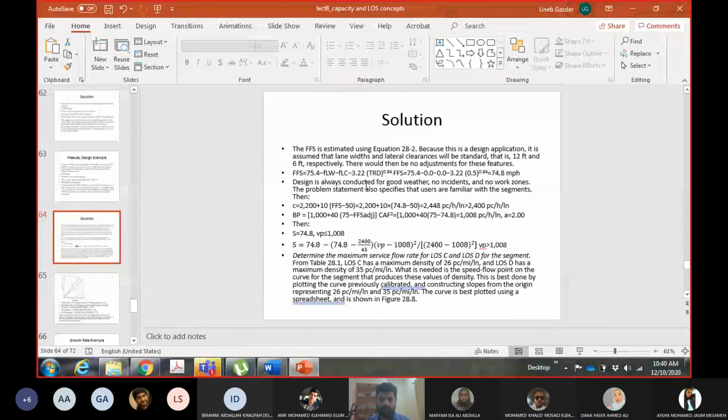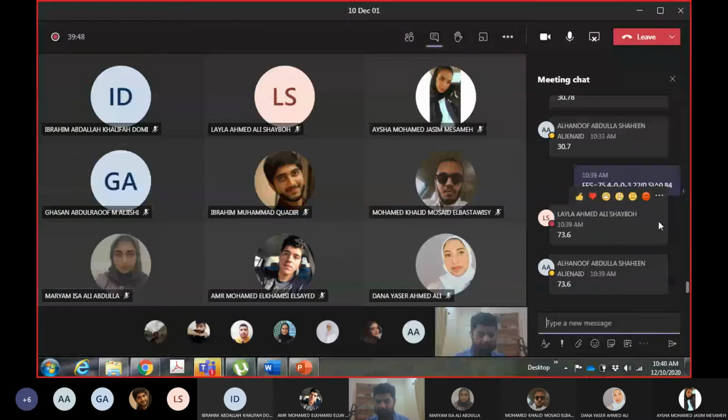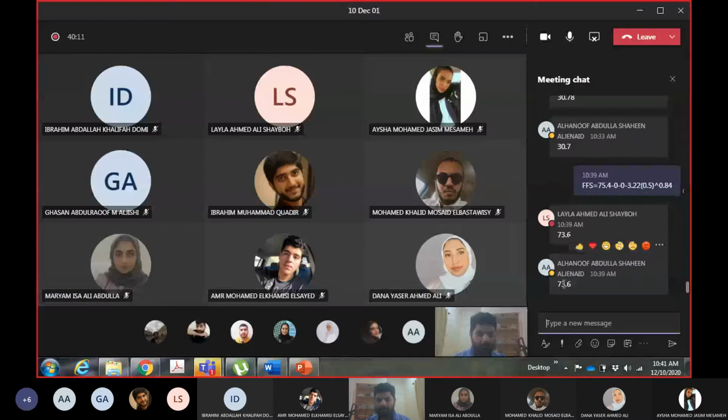So this is the point which I mentioned. We calculate 73.6, but there's a slight difference here. Can somebody check? They are getting 74.8 in the book.